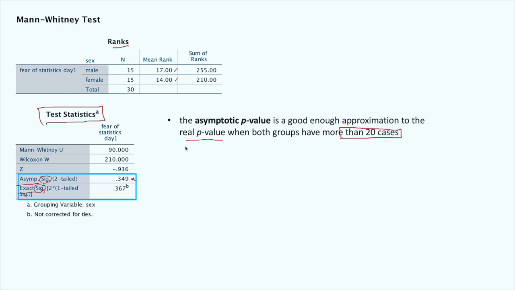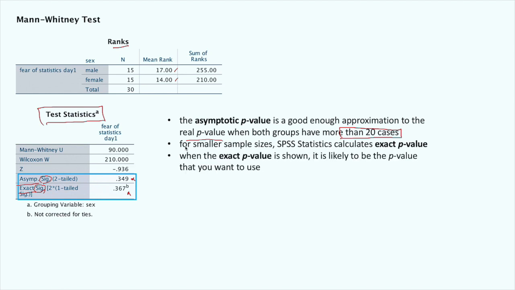SPSS gives it to you when there are more than 20 cases for both groups, but for a smaller sample size, SPSS calculates the second one, which is called the exact p-value, and as I said, it is shown only when the sample is less than 20 cases.